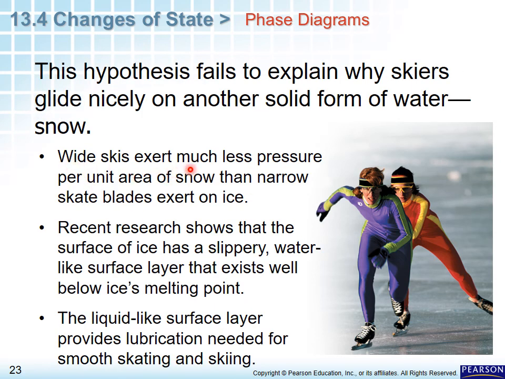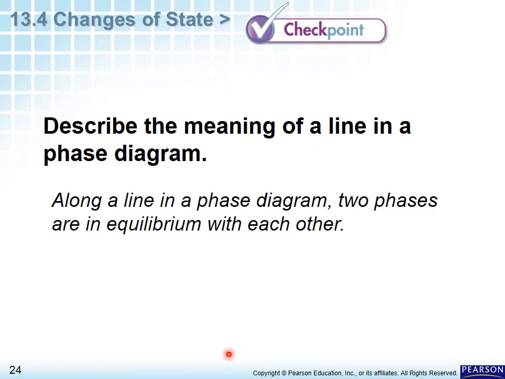Wide skis exert much less pressure per unit area of snow than the narrow skate blade exerts on the ice. Recent research shows that the surface of the ice has a slippery, water-like surface layer that exists well below the ice melting point. The liquid-like surface layer provides the lubricant needed for smooth skating or skiing.